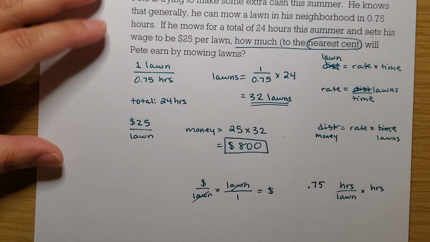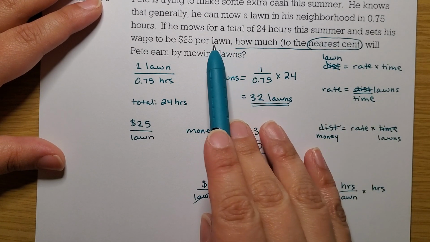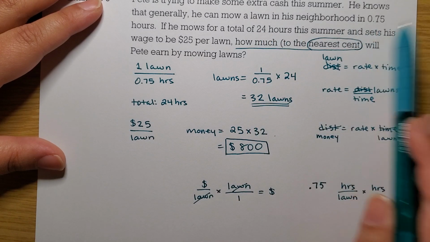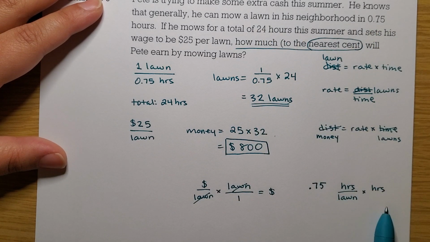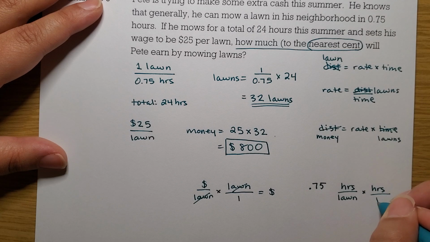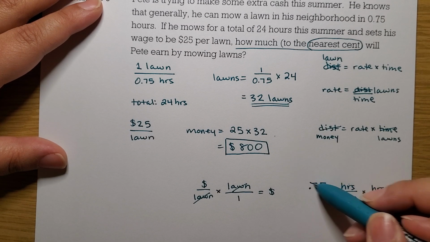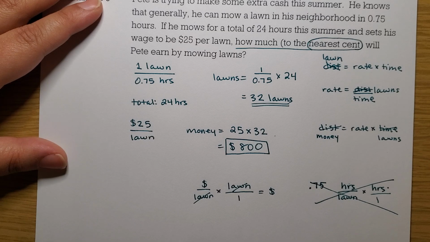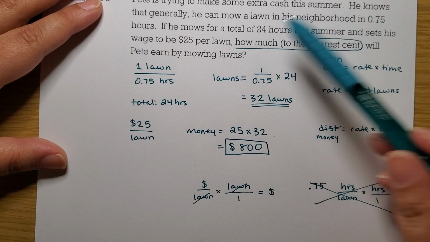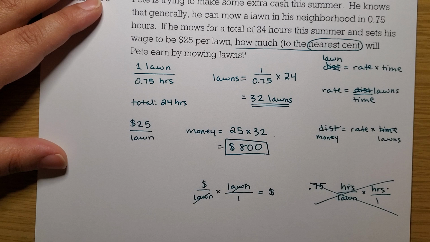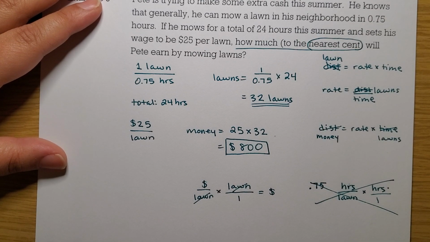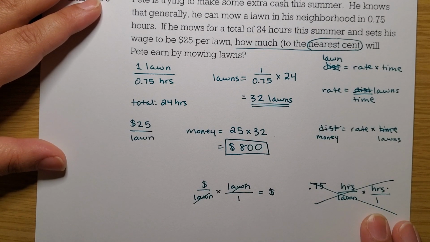Checking out the units, notice that they don't cancel. The hours are both on top. So that means I can't do that technique. I couldn't just multiply 0.75 by 24. So again, if you're curious, can I do the thing? Check the units and see if you get some canceling and the units that you want.